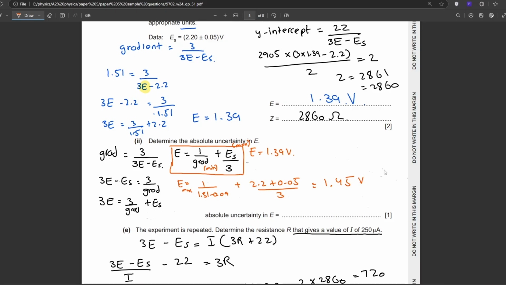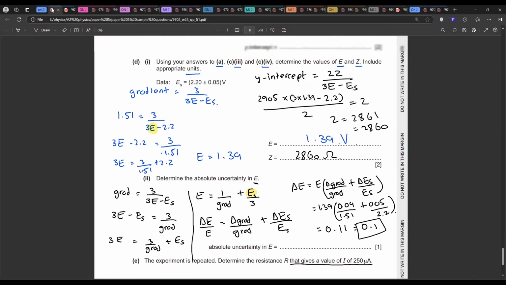This is normal E. Can you calculate the difference between the two? The difference between the two will be your absolute uncertainty in E. E max minus the original value of E, 1.45 minus 1.39, gives you an answer of 0.06 volts as your absolute uncertainty in E. Simple as that, nothing complicated here. Probably the easiest question of the lot.